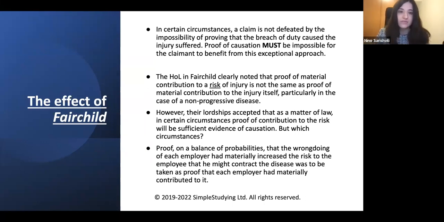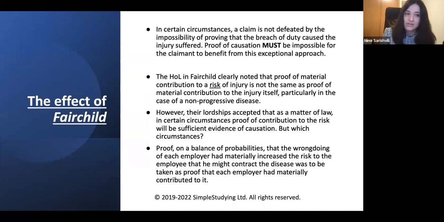The House of Lords in Fairchild clearly noted that proof of material contribution to a risk of injury is not the same as proof of material contribution to the injury itself, particularly in the case of non-progressive disease. Therefore, the test is more flexible. It does not have to be proven that the material contribution was to the disease itself, to the injury itself.